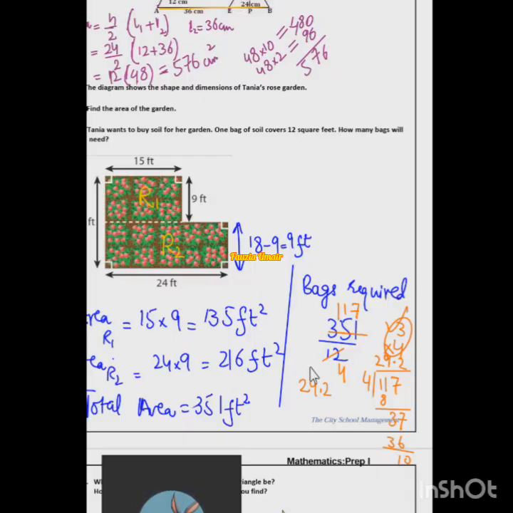If she needs 29.25 bags, how many bags does she actually need to buy? Ma'am, 30 bags. That's right. She needs to buy 30 bags of soil to cover her garden completely, right?